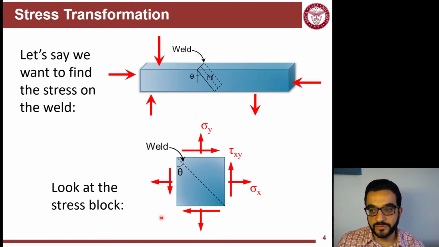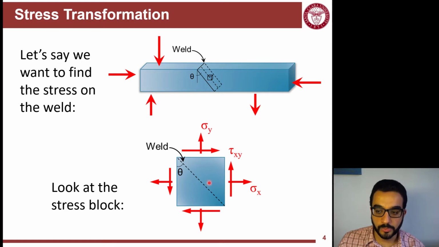So let's stick to that example here. Let's say that I cut perpendicular, and that represents this cube here, and I can find the stresses if I do this perpendicular cut and represent the stresses on that cut and the corresponding cube, or in this case square.